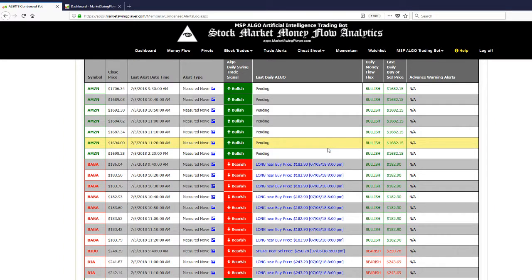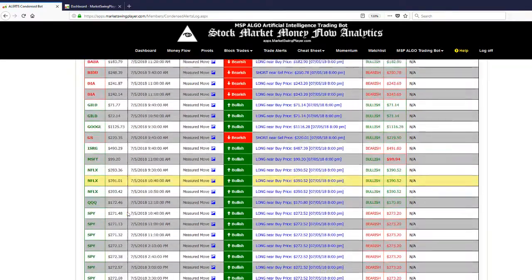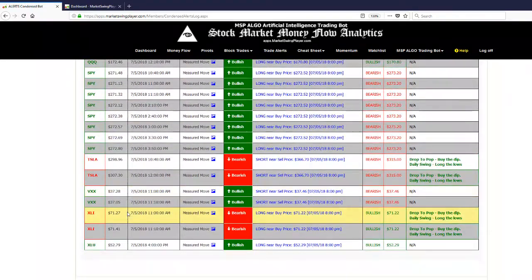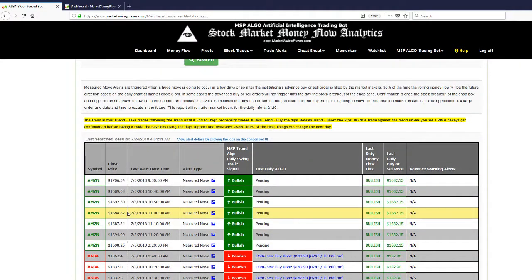Okay, we can see that we have Amazon on here and some other stocks that were triggered. So when some alerts trigger from the intraday, it'll appear on here as well, so that you don't have to search through all the UIs to find it. We're going to also add the other alerts as well.